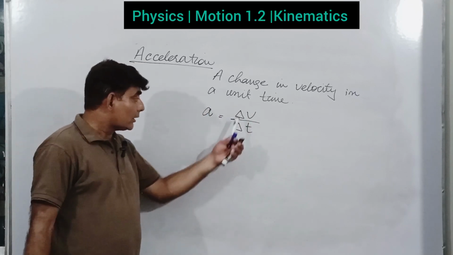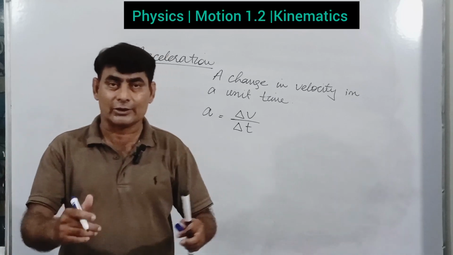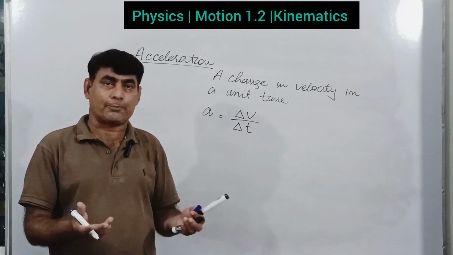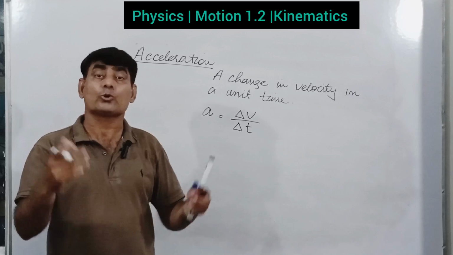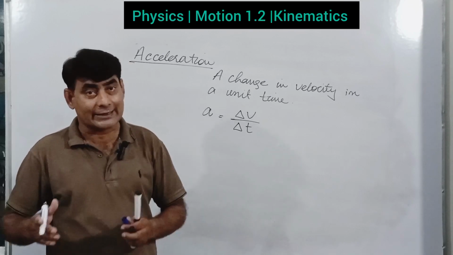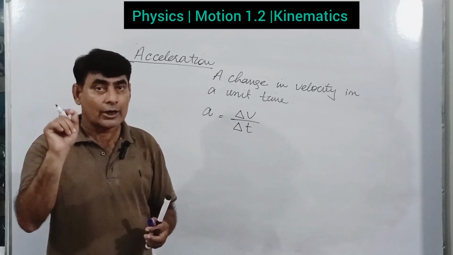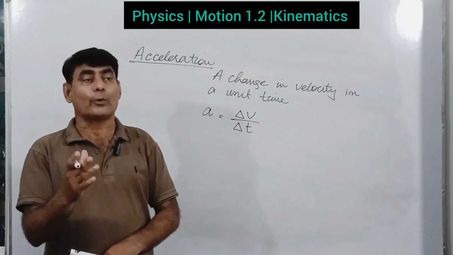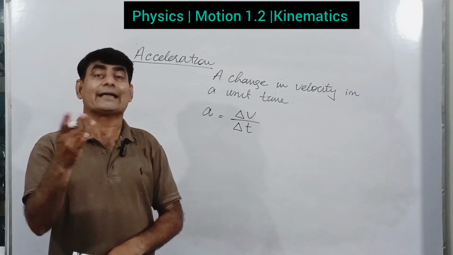Okay, now the change in velocity means there are two or more velocities. Yes: an initial velocity, suppose u, and a final velocity after the change, suppose v. If we are increasing the velocity, the difference must be v minus u, final velocity minus initial velocity. If we are going to decrease the velocity, then there must be u minus v.